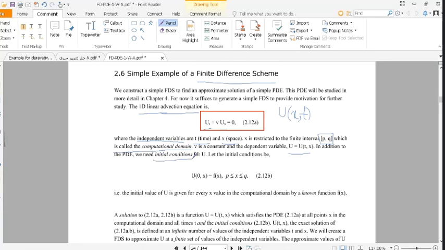Which of you can say something about the initial condition?